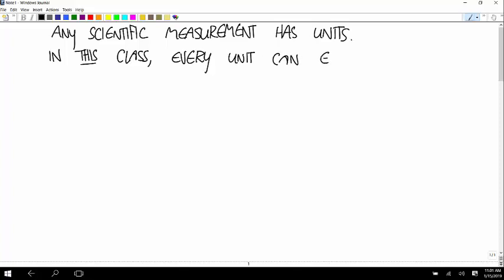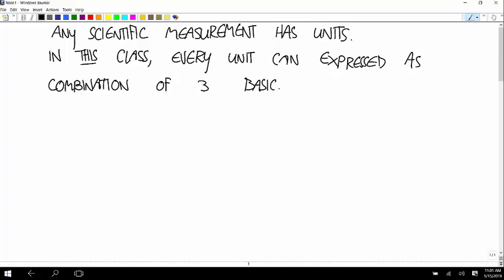So every unit can be expressed as a combination of three basic unit types. Those are length, time, and mass.